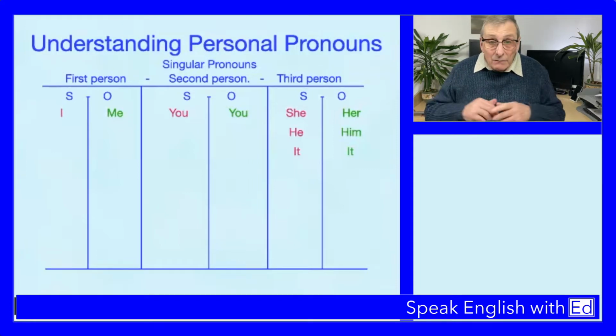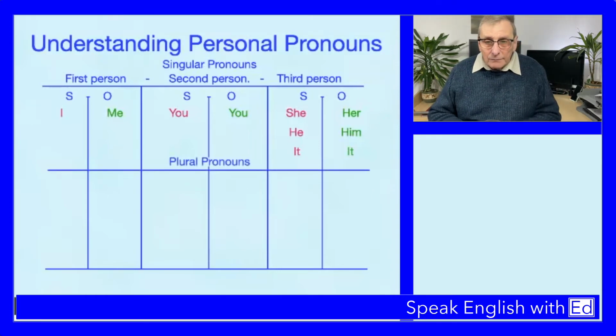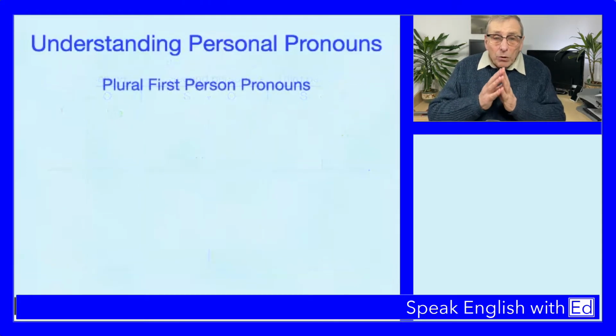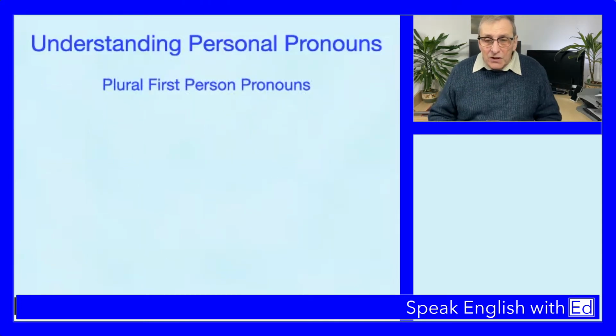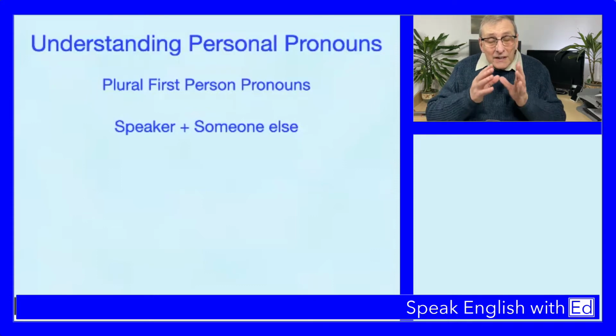So today we're going to move on to the next step and we're going to look at plural pronouns. Now we're going to look at, first of all, plural first person pronouns. Now first person is the speaker. And because this is plural, then it's the speaker that we're talking about.